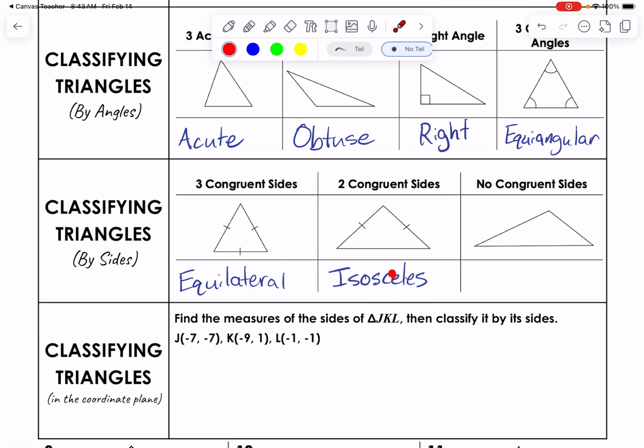That reminds us that there's a C after the second S there. Isosceles triangle. Now, when we have no congruent sides, that is called a scalene triangle. Scalene. So equilateral when there are three congruent sides, isosceles when there are two congruent sides, and then no congruent sides would be scalene.